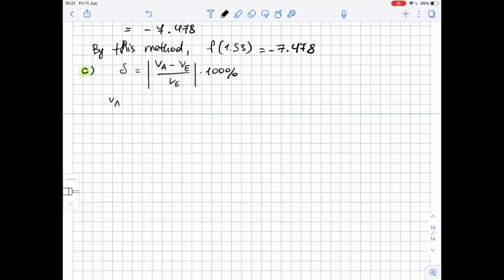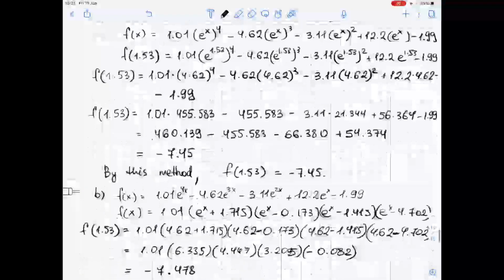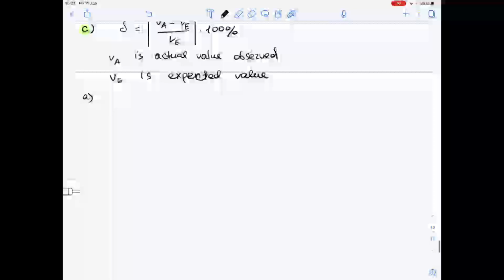So here VA is the actual value observed. VE is the expected value. So for part A, the actual value observed was negative 7.45.